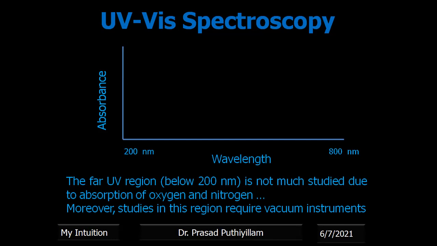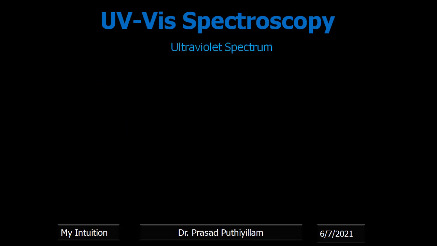So based on the different bonds, we can analyze different functional groups also. We can calculate the concentration of the sample. A particular chemical compound will absorb a particular wavelength of light. So based on that, we can do the analysis.